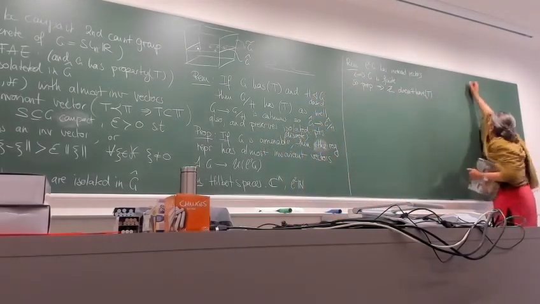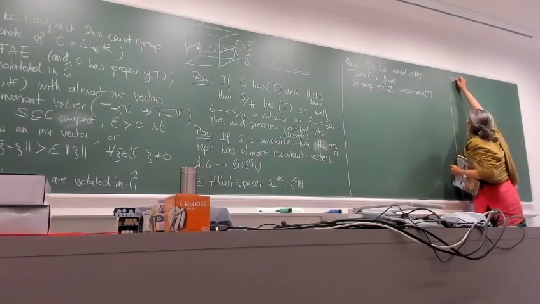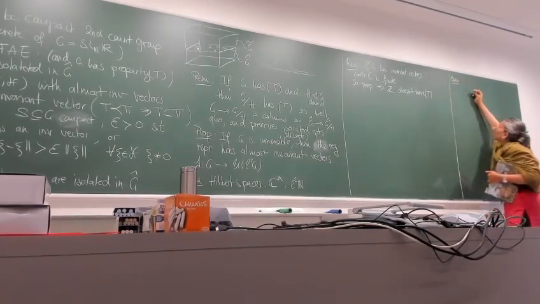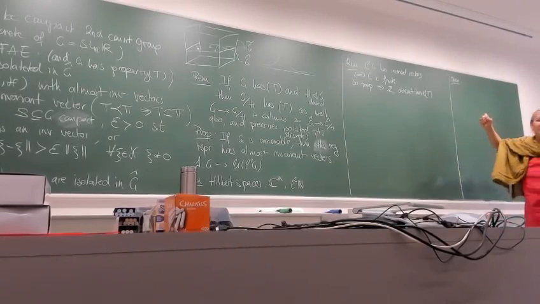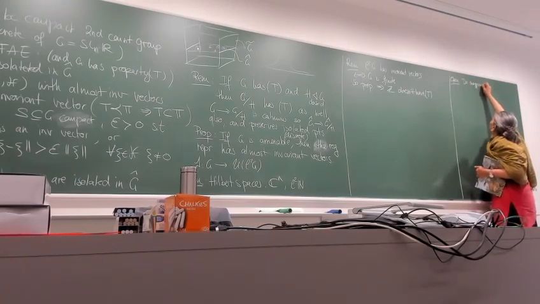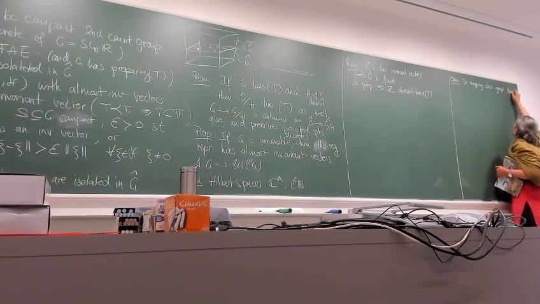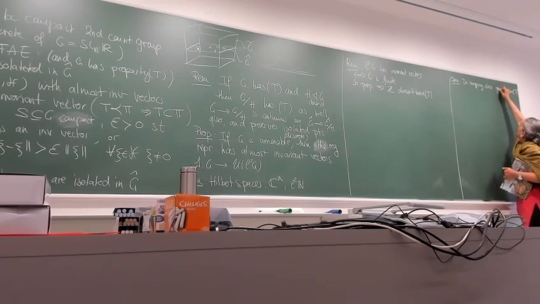And so that's why there are some open questions. I guess I can mention some. The famous open question is: do mapping class groups have T?